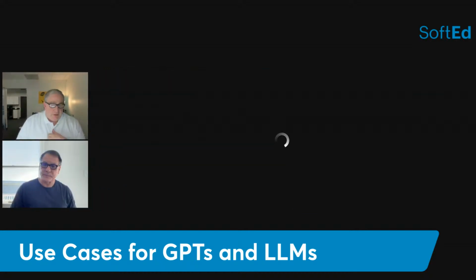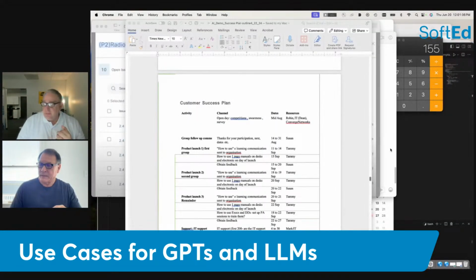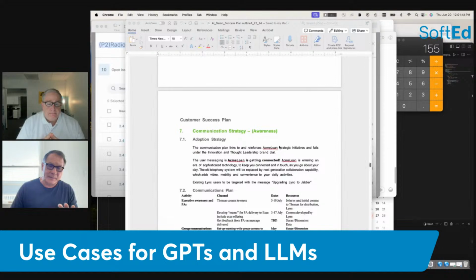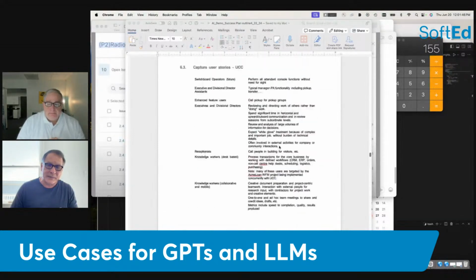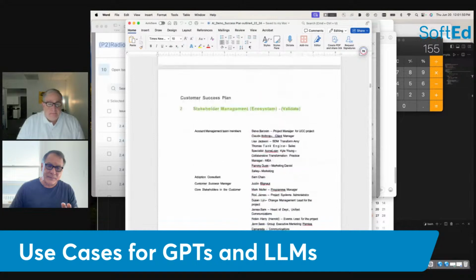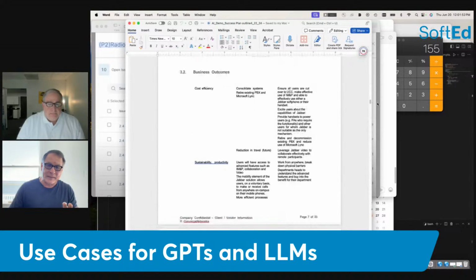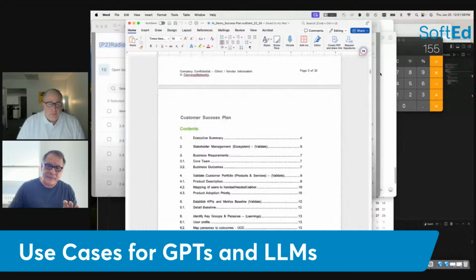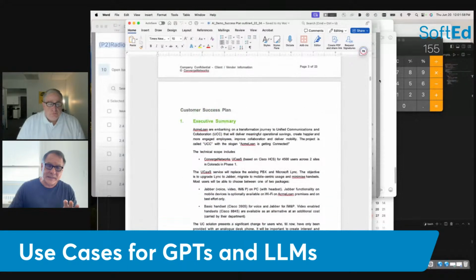Here we go. But as we start talking about some of this stuff, the expense is absolutely insane. So what I'm showing you here is a customer success plan. It's not real, but I've played around with it. A lot of you are in project management activities, so I want you to see it's a fairly large document with all kinds of activities, and a set of stakeholders.